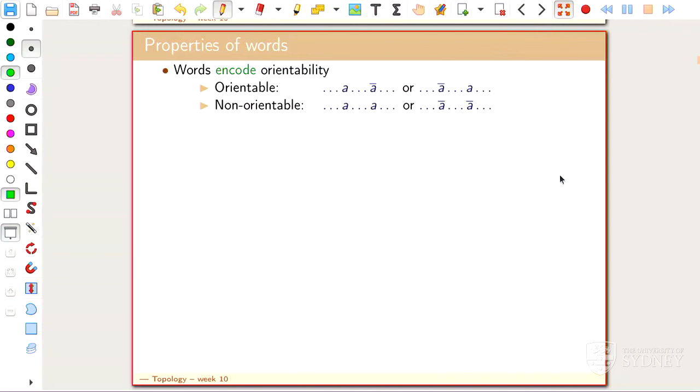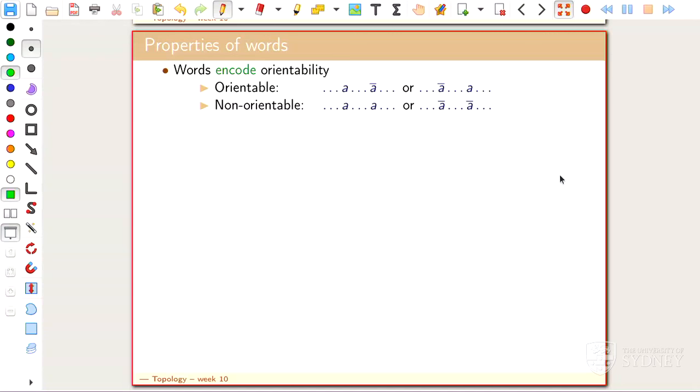That's what I already said, but I want it on the slide anyway. Looking for those letters, AA or A A bar, for any kind of label, A could be I or G or whatever. As soon as you find one of them, it's non-orientable. It's a very powerful way to just read off orientability. The projective plane dominates. You have found a projective plane in your surface.